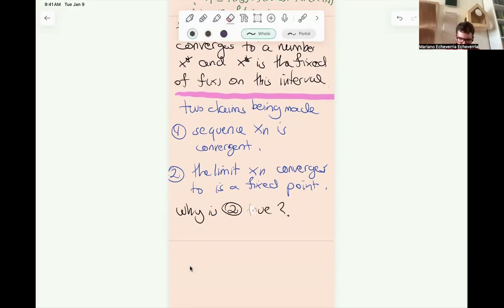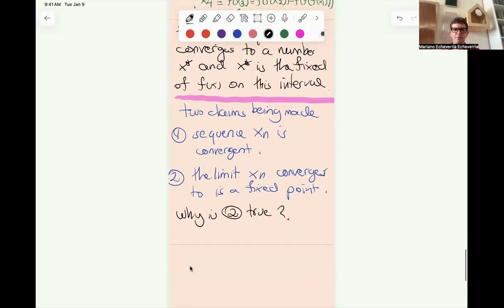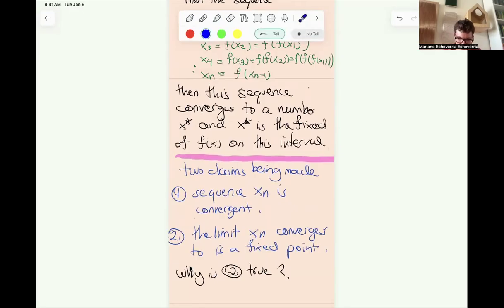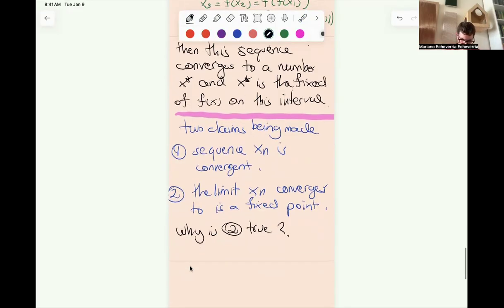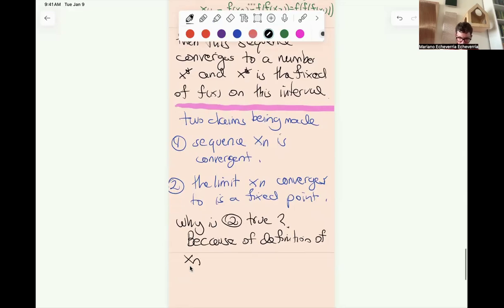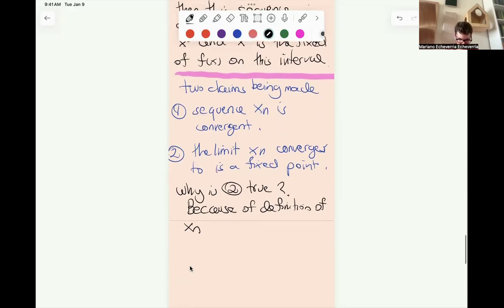This is the cool thing about having a formula for the sequence which is recursive. Remember, a recursive formula is one where an element of the sequence is given in terms of the previous elements. Because of the definition of x_n, x_n is f of x_(n-1).